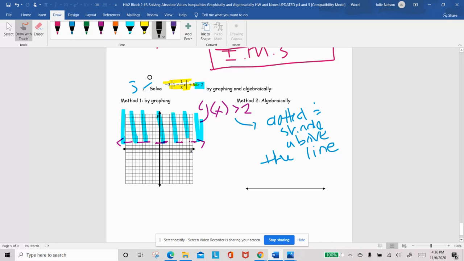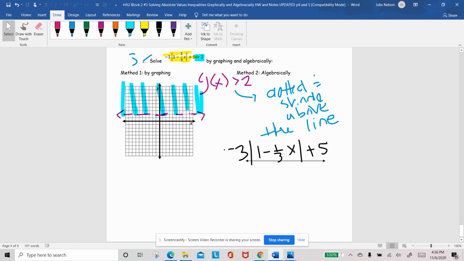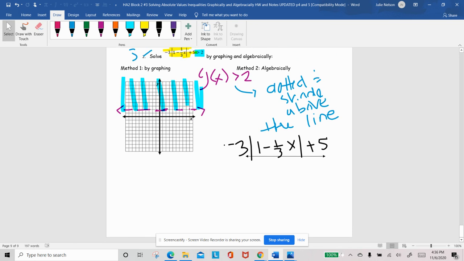So let's take a look at our absolute value function. Negative 3 times the absolute value of 1 minus 1/3 x plus 5. The first thing I notice about that is that it doesn't have an x first inside. It should always go x first, not the number.